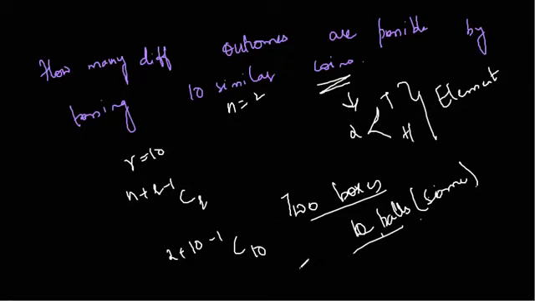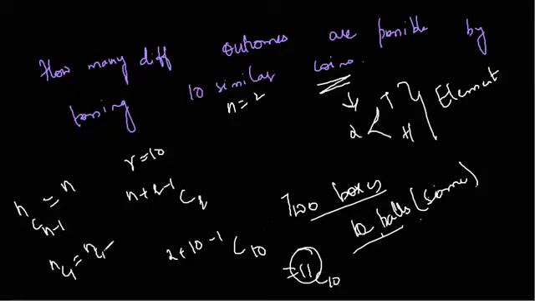This is equal to 11 C 10, and you can always remember that nC(n minus 1) is equal to n again. So n over here is 11. nC1 and nC(n minus 1) will both be equal to n.